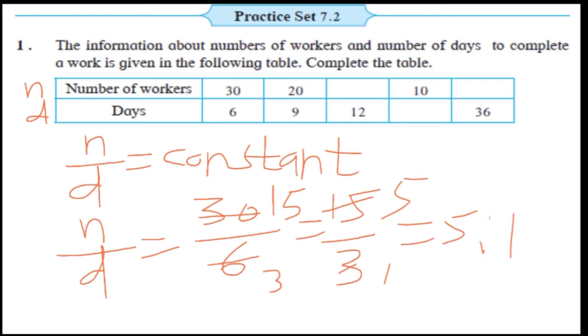Second, n upon d is 20 upon 9, means 20 is to 9, 20 आणि 9 ला डिवाइड होत नाही, म्हणजे 20 is to 9. The ratio n upon d is not constant. That means the given variation is not direct variation.